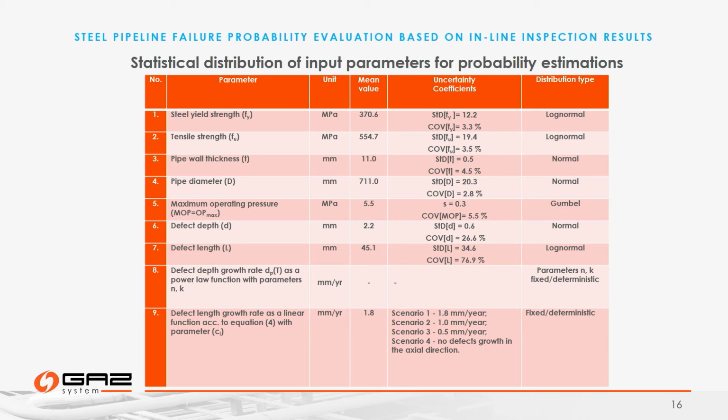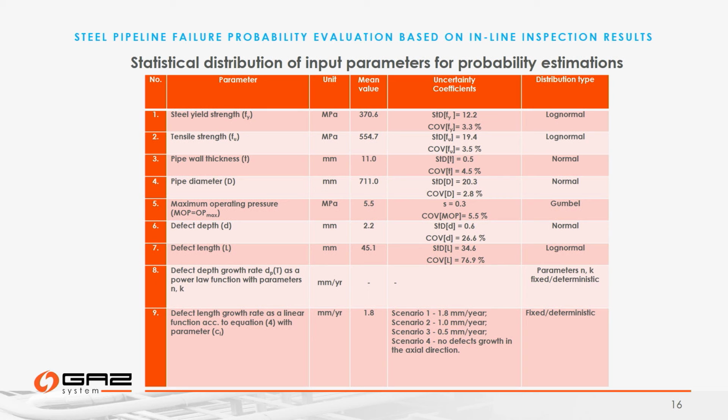Tensile strength has log normal distributions. Pipe diameter outside is 711 and is also normally distributed. Maximum pressure, I introduced it, and is Gumbel distribution, and there are the parameters.